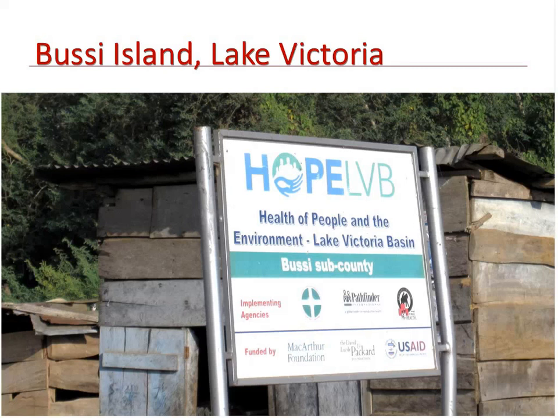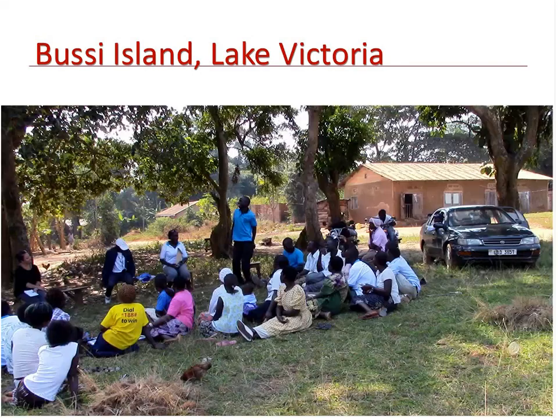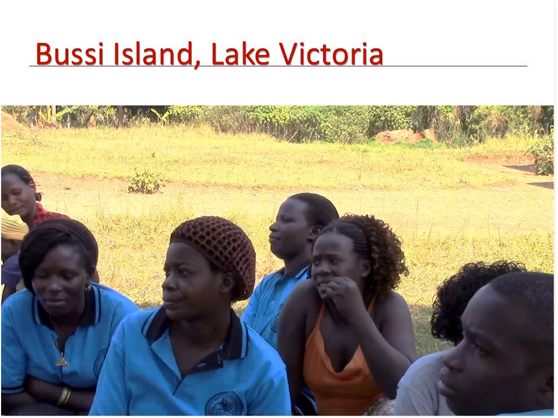The LVB covers 5 countries in East Africa: Kenya, Uganda, Tanzania, Rwanda, and Burundi. This shared ecosystem provides a livelihood in the form of fishing and agriculture to 80% of the region's population. 2 million people make their living from fishing. 22 million people rely on consumption of the lake's fish.